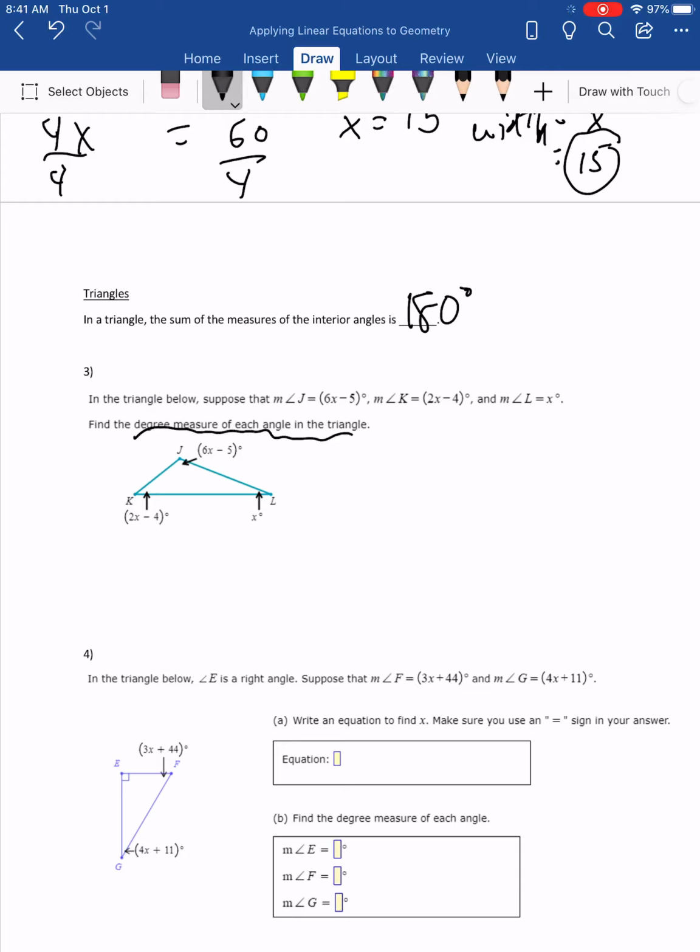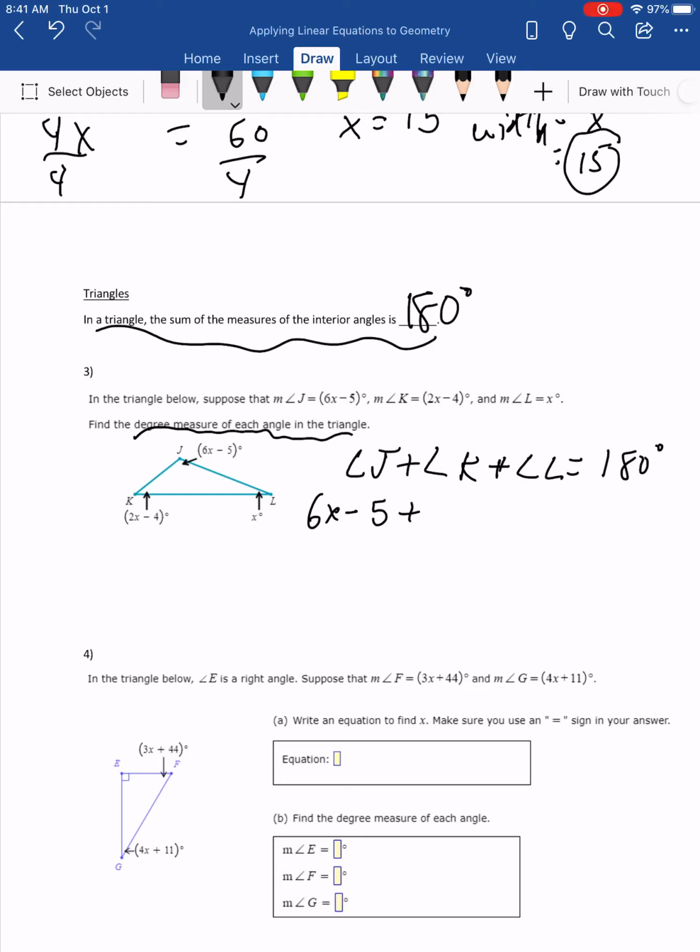So we know as far as a relationship that angle J plus angle K plus angle L adds up to 180 degrees. Let's substitute: J, 6x minus 5, plus K, which is 2x minus 4, plus L, which is x, equals 180.